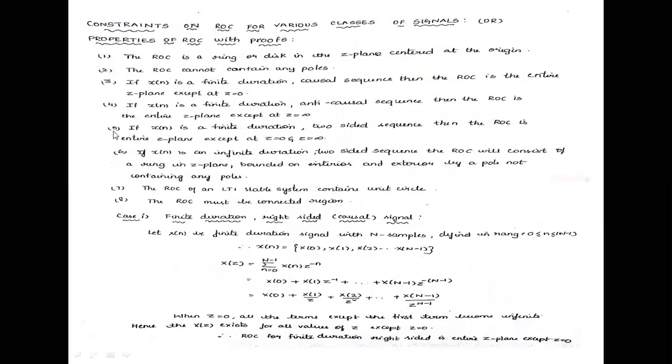These are the finite-duration ROCs. The third point we already discussed: for a finite duration, the ROC is the entire z plane except z equal to 0.